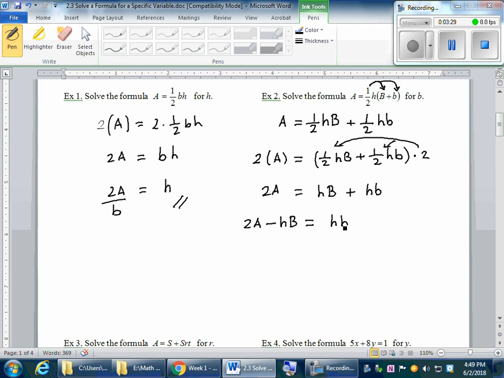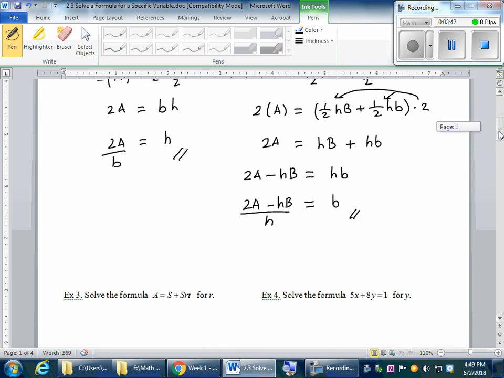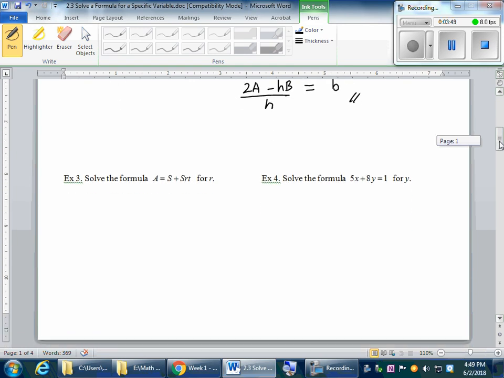And finally, to get lowercase b, I divide both sides by h. This gives us our final answer. So same strategy as before. It's just that you cannot combine like terms anymore because they are letters, not numbers.